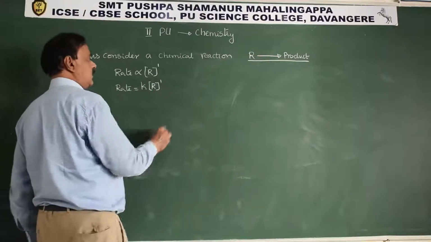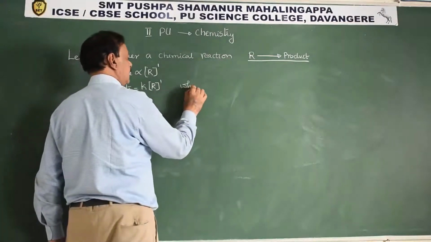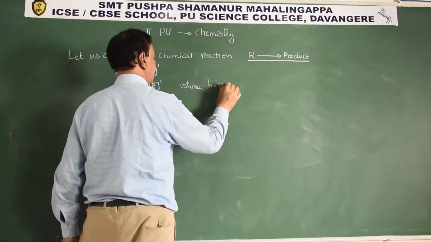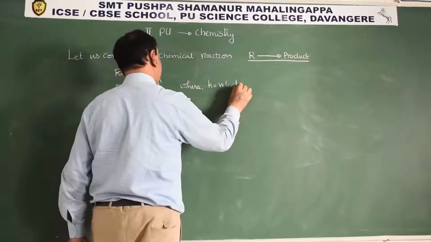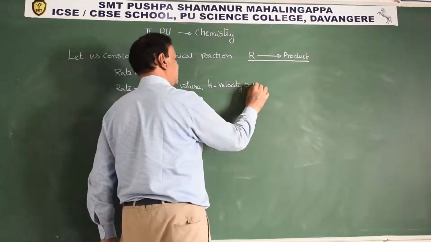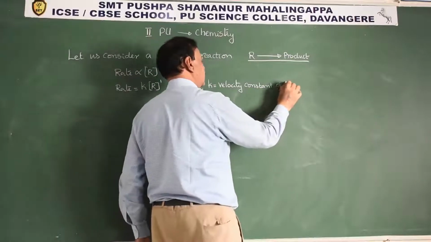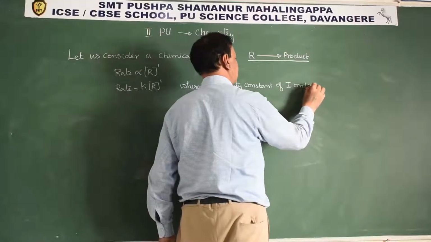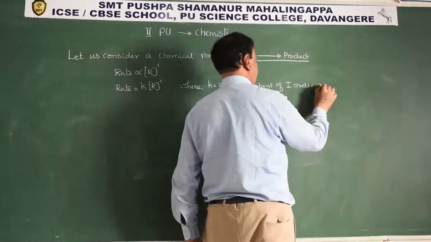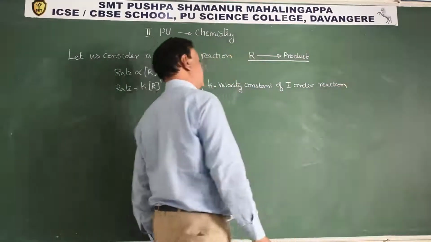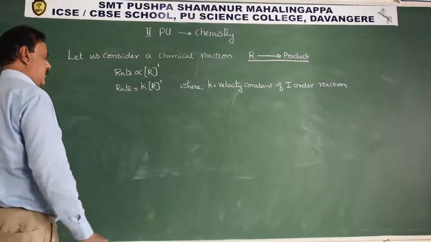where K is the velocity constant of the first order reaction.